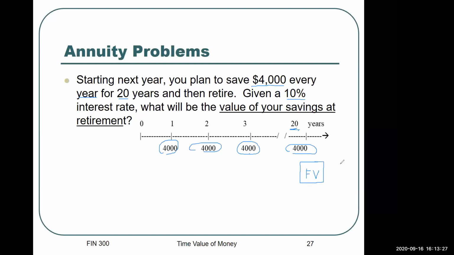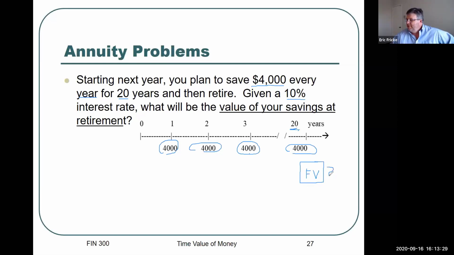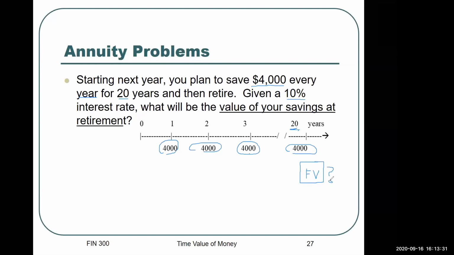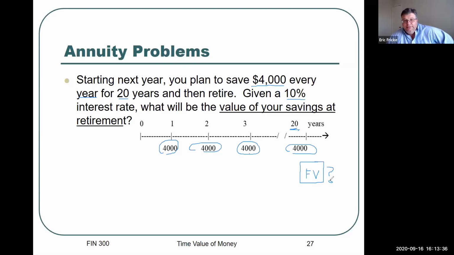That's future value, right? Yeah, it wants to know the total value of our account in the future at 20 years. Yeah, FV, future value. So how can we calculate that? What tools do we have to do this?